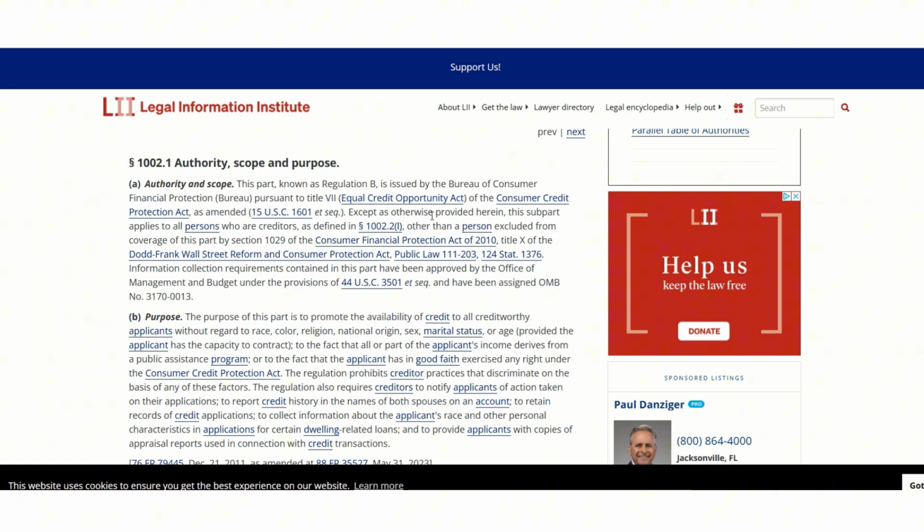Except as otherwise provided therein, this subpart applies to all persons who are creditors as defined in section 1002.2(l), other than a person excluded from coverage of this part by section 1029.